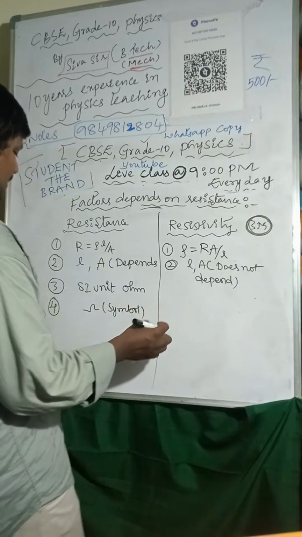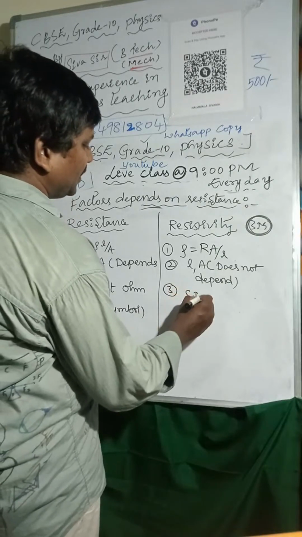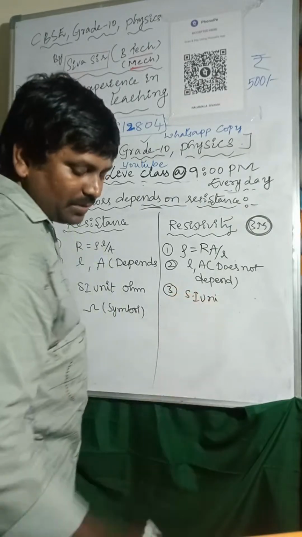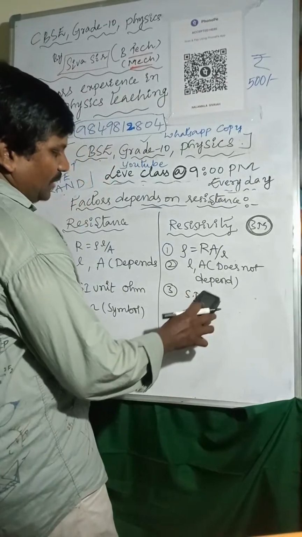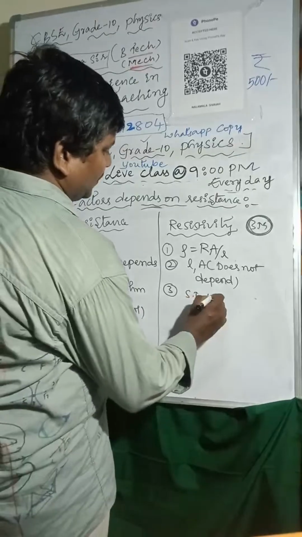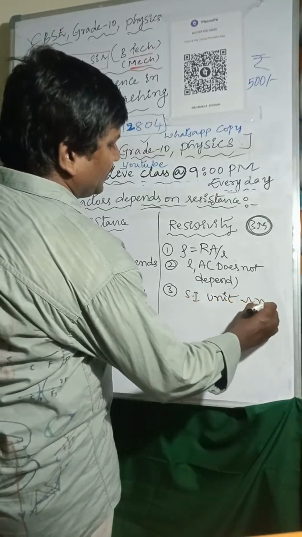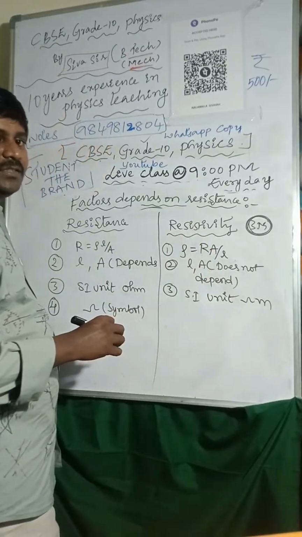They will ask this in the exam for 2 marks or 1 mark, and from the MCQ point of view also it is very important. The SI unit of resistivity is ohm meter.